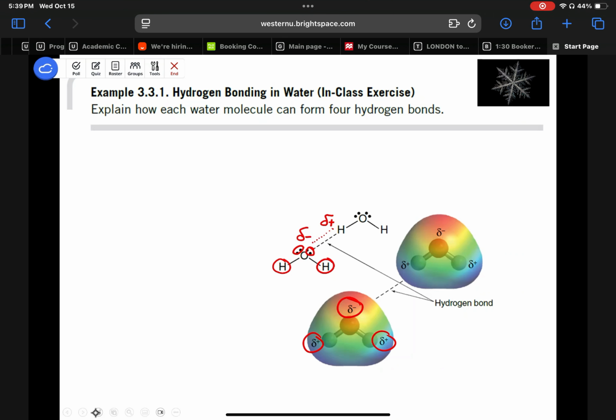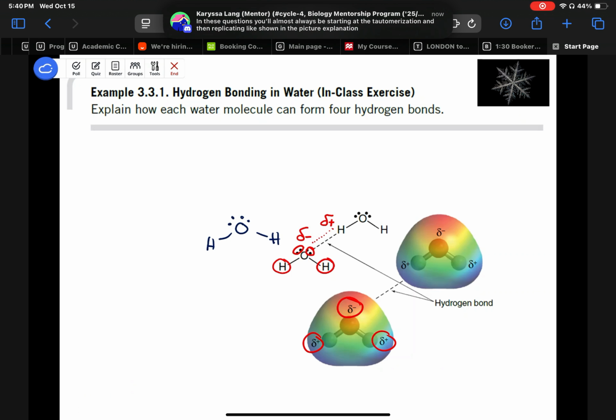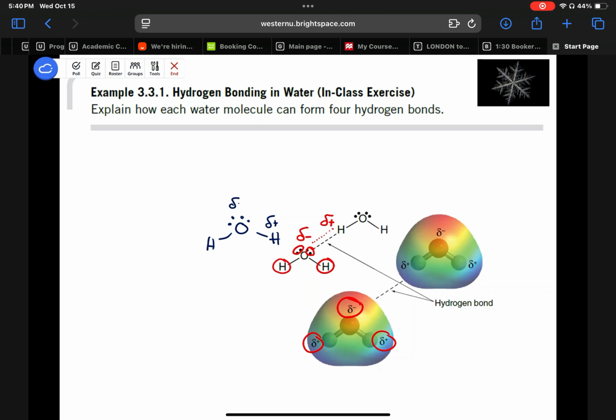We can then draw another water molecule because when we have water, it's not just 1 or 2 water molecules. We have millions, we have moles, we have so many water molecules. So the water molecule with the hydrogen that's partially positive, that's in blue here, it can interact with that second non-bonding pair of electrons, that additional site for hydrogen bonding.